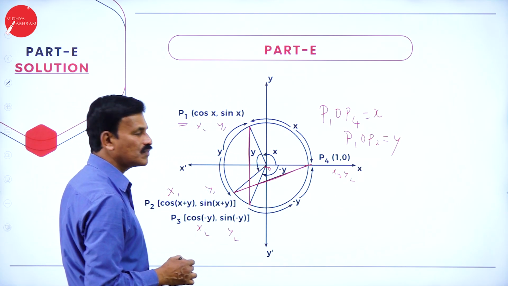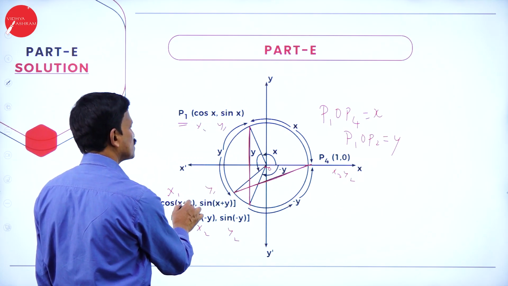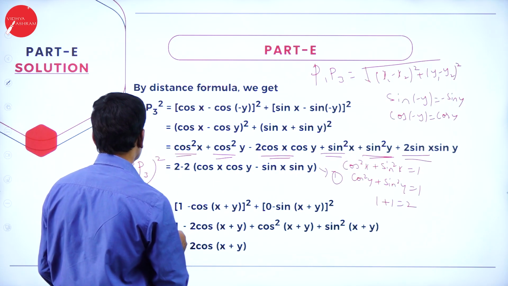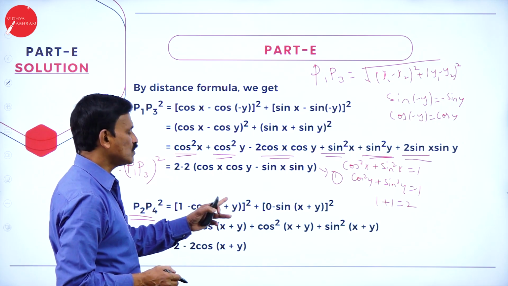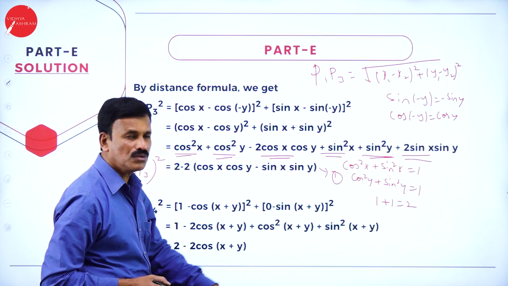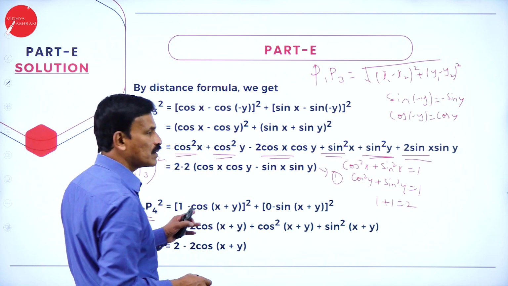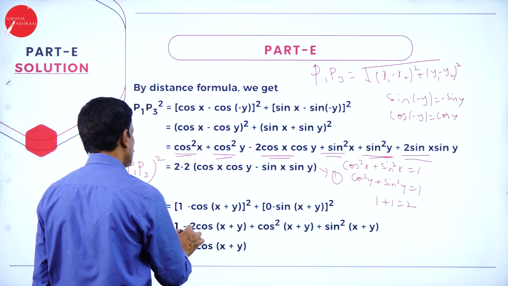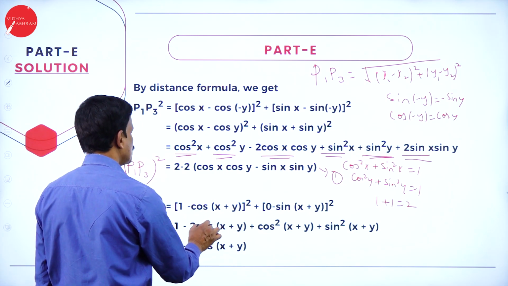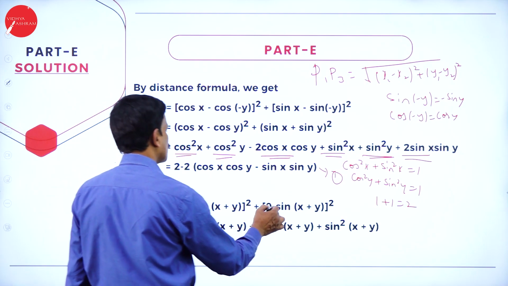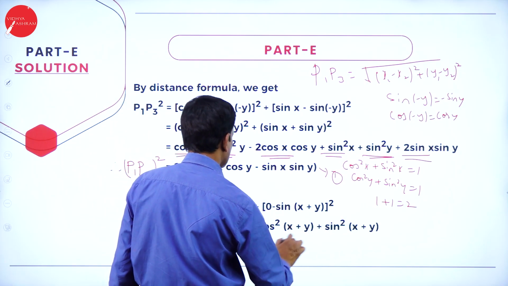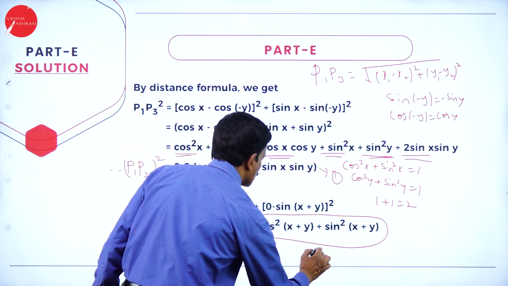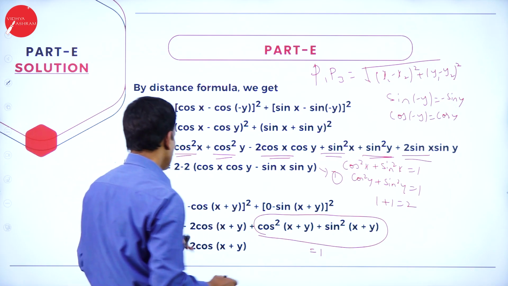If you apply the distance formula, we get (1 minus cos(x+y)) whole square plus (0 minus sin(x+y)) whole square. Applying (a minus b) whole square is a square plus b square minus 2ab, we get 1 minus 2 cos(x+y) plus cos square(x+y), and 0 minus sin(x+y) whole square is plus sin square(x+y). Cos square(x+y) plus sin square(x+y) is equal to 1.